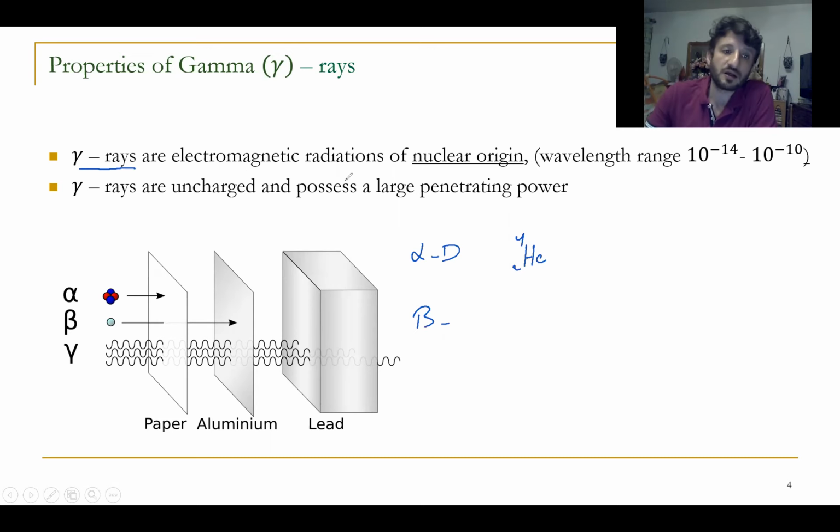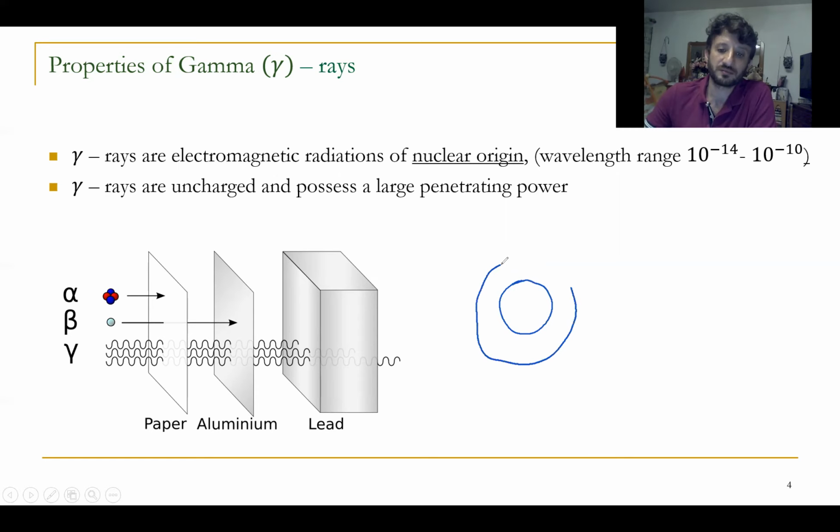So gamma rays are electromagnetic radiations of nuclear origin. What I mean by nuclear origin, it means we have the nucleus, and outside we have the electronic shells, KLMN. We can say like this.